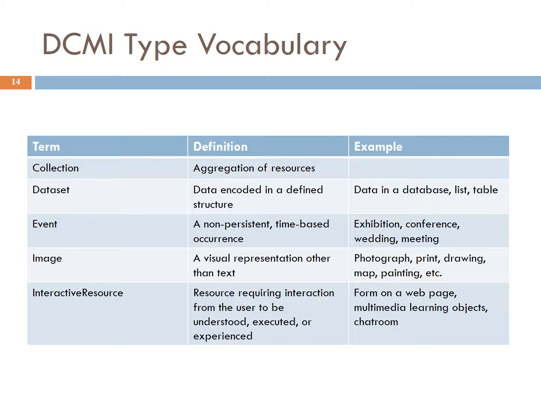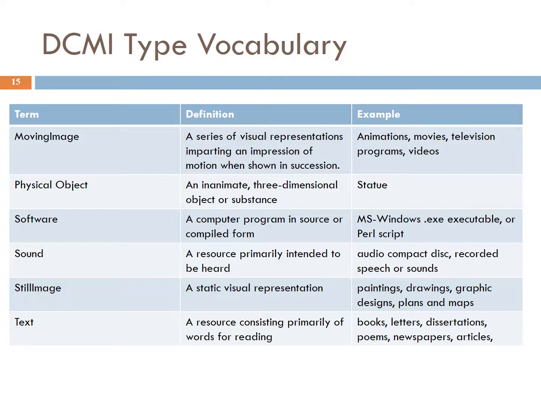There's basically 2 slides, and a total of about 11 different appropriate values. They include collection, dataset, event, image, and interactive resource, as well as moving image, physical object, software, sound, still image, and text.